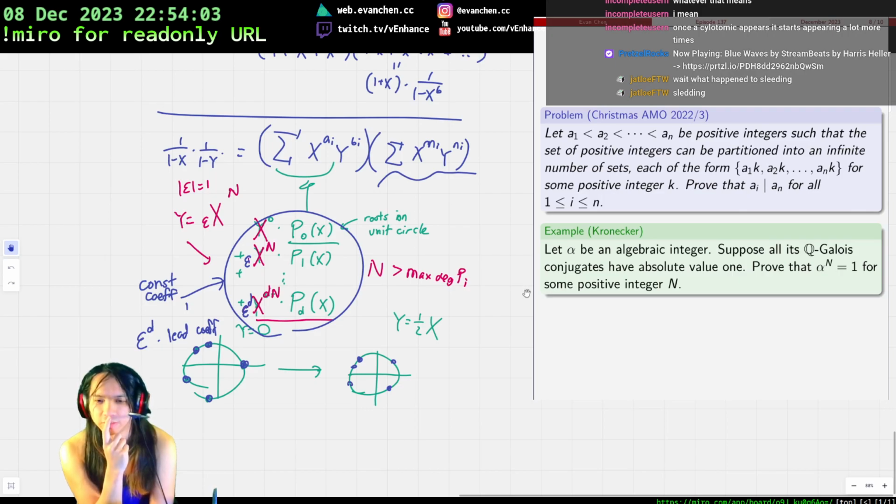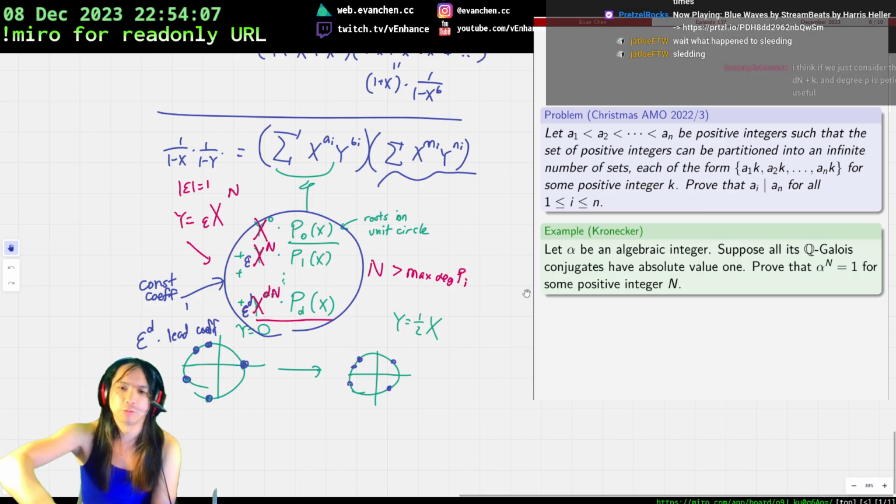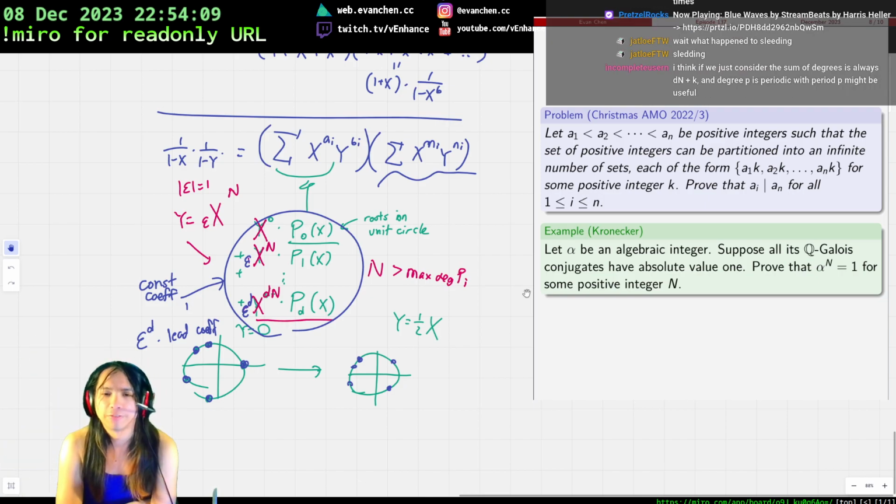So I can't just do discrete things. Nevertheless, even then, when I imagine moving epsilon around the unit circle, I can't imagine the set of roots staying on the unit circle unless the polynomial is very special and factors nicely in some way.